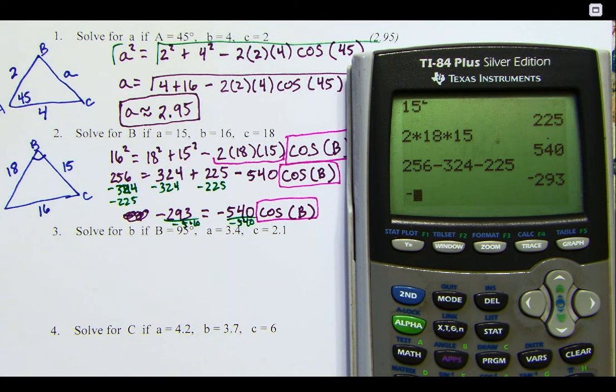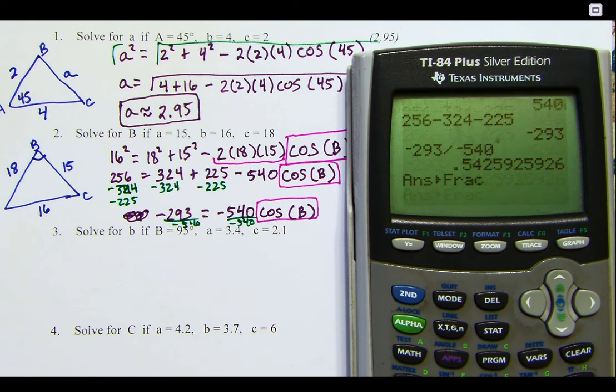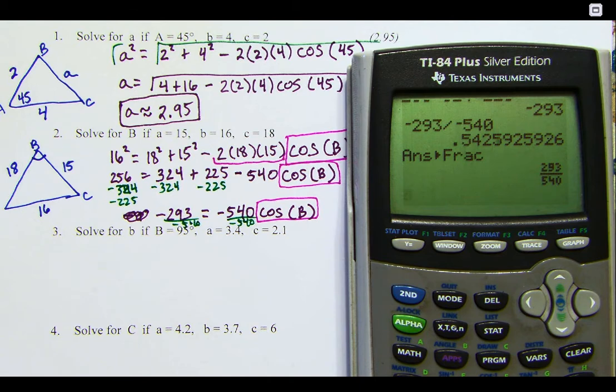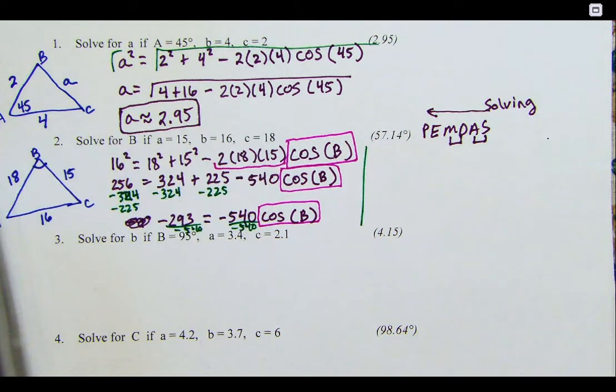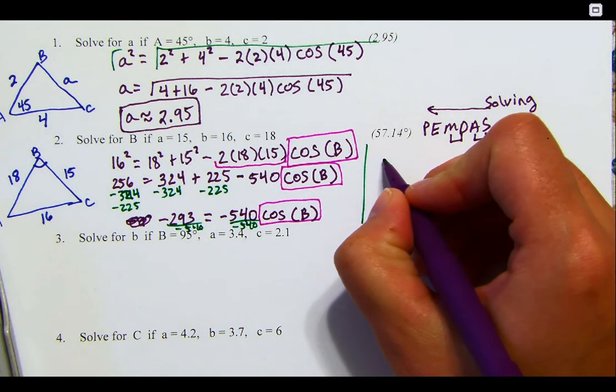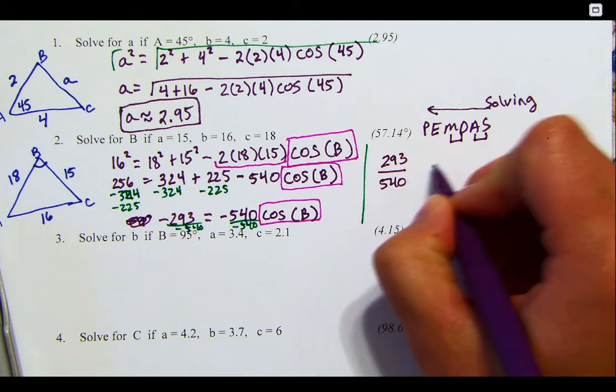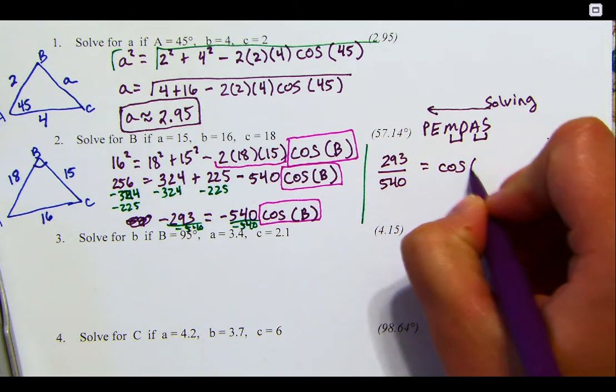So negative 293 divided by negative 540, and then use your math button to change it back to a fraction, and it will be the reduced fraction. Notice how the negatives just simplified out. So now we will have 293 over 540 equal to the cosine of B.